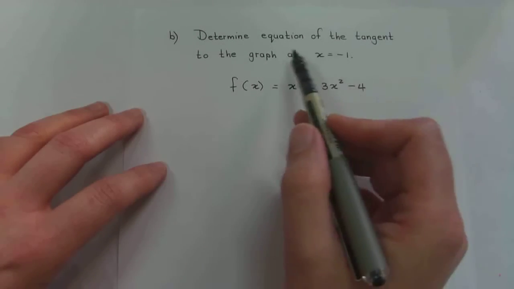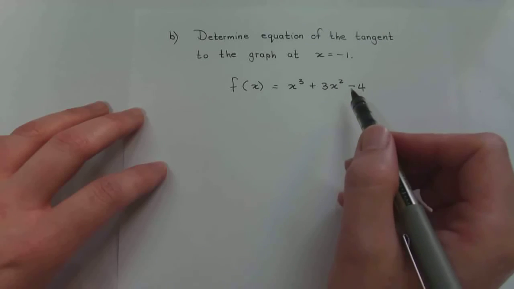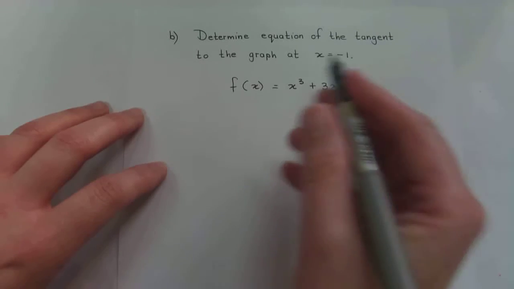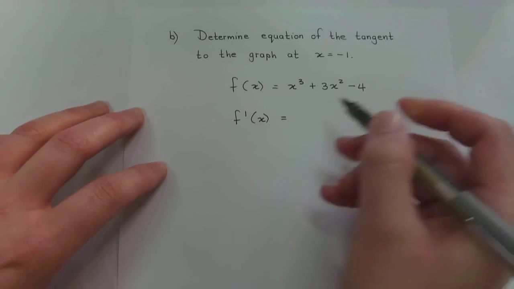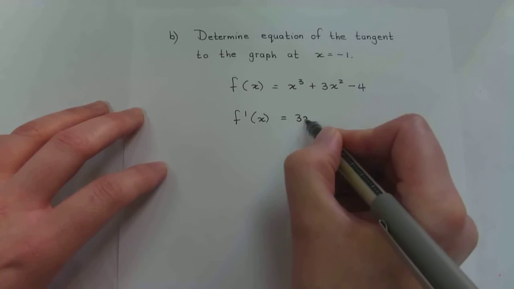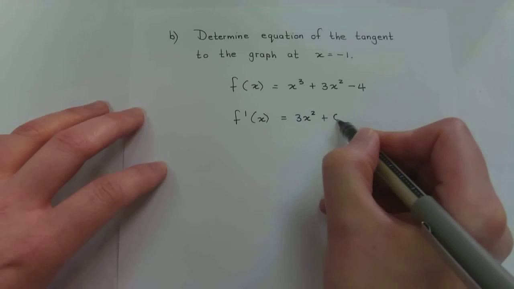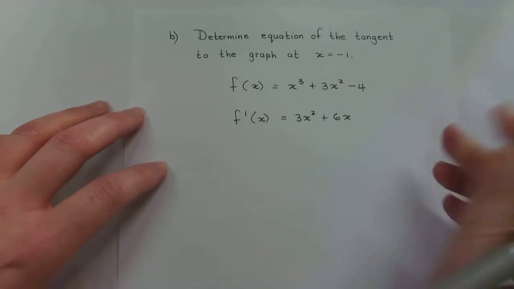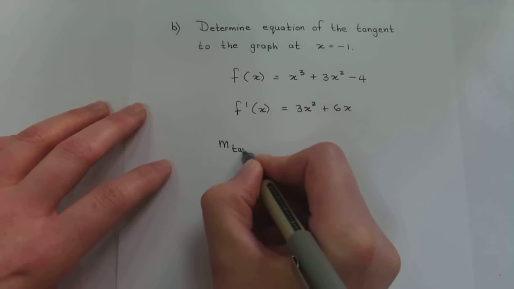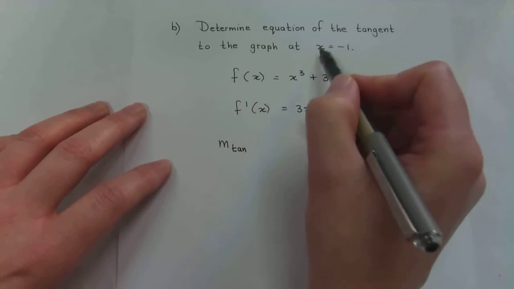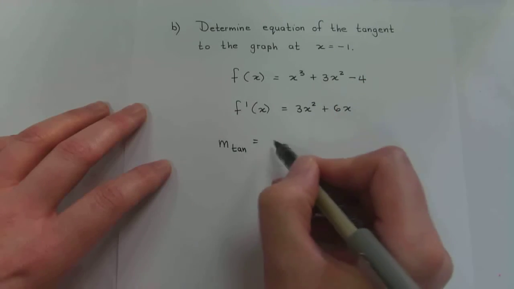Now, if I want to determine the equation of the tangent to the graph, we're going to follow the steps again. First things first, I'm going to find the first derivative, because I'm going to need that, which is 3x squared plus 6x, and then the derivative of a constant is 0. Then I'm going to substitute x equal to negative 1, which is my point of contact, into the first derivative.